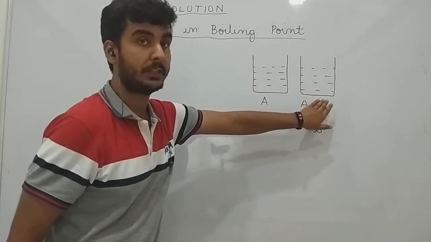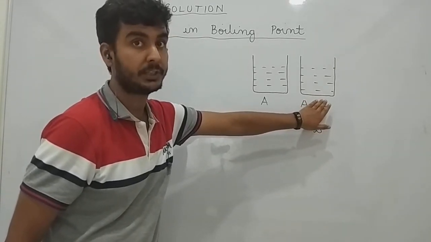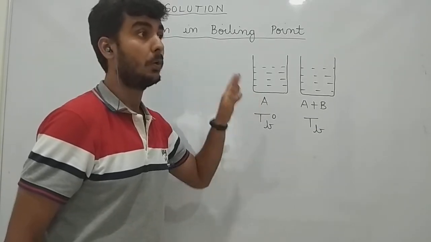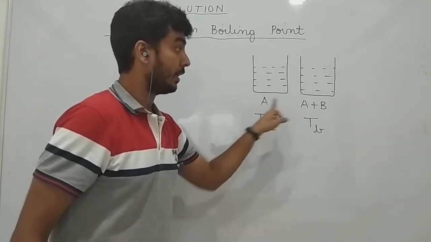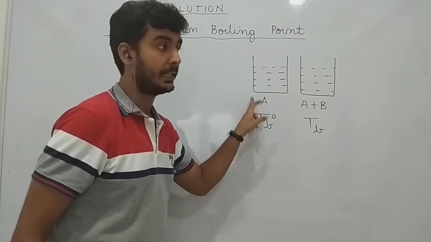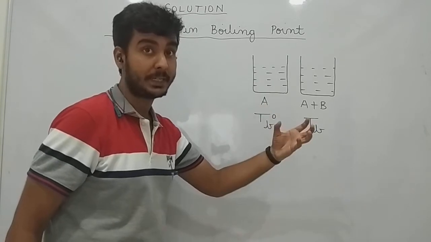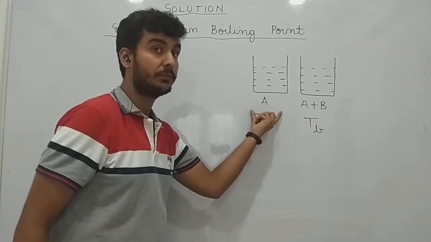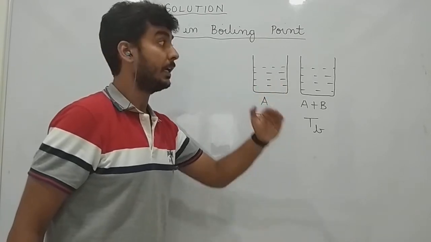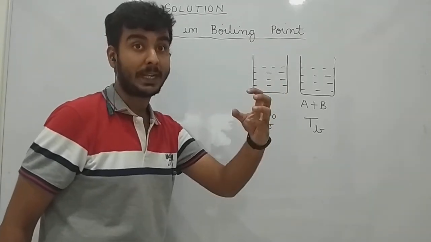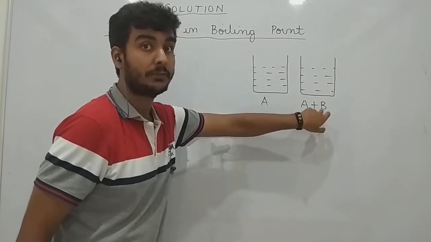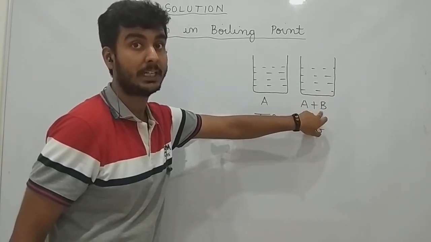So this solution will be having lower vapor pressure as compared to this solvent A. Now at lower temperature, as the vapor pressure of the solvent A is higher, the vapor pressure of this solvent will become equal to atmospheric pressure, but you would have to supply some more heat so that the vapor pressure of this solution becomes equal to the atmospheric pressure.